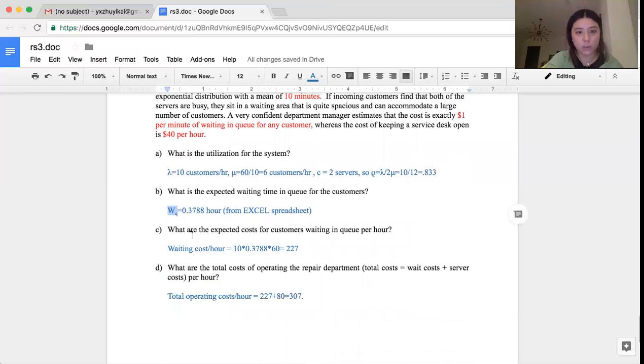And next, what are the expected costs for customers waiting in queue per hour?